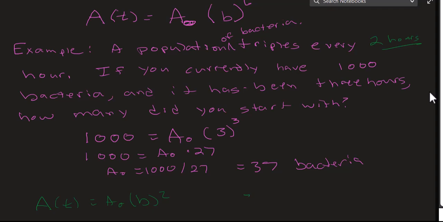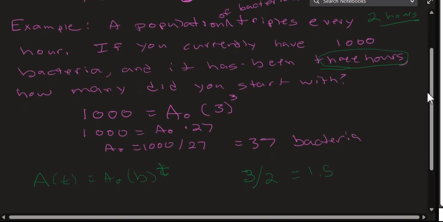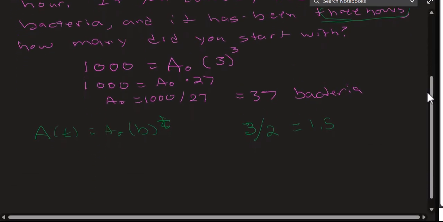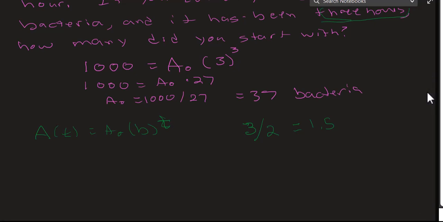To do that, for the t, I would take my 3 and divide it by 2. So the 3 hours is the amount of time I actually had, and the 2 hours is the tripling time, and I get 1.5. So that tells me I had 1.5 tripling periods.